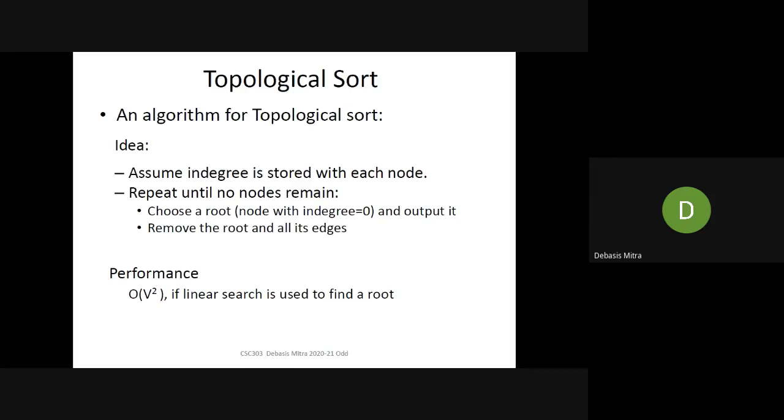Because first of all, in order to pre-process, in order to count the in degree of every node, you have to perform a traversal of all nodes. Okay, count the in degree and sort them. So you may find a linear search to find a root first. Okay, so that will be V, and then for every node you have to do this removal of edges and all these stuffs.